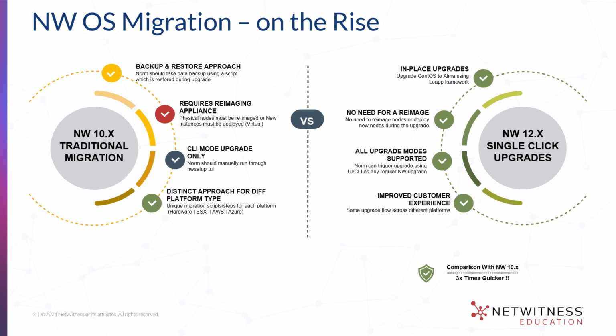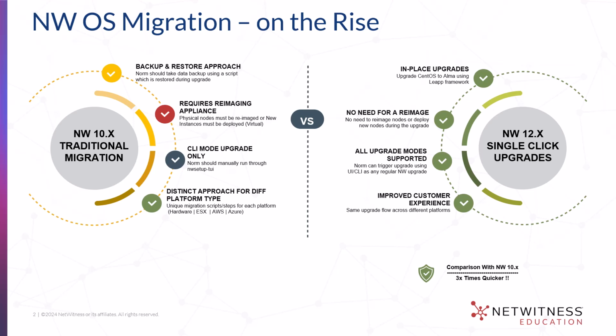The OS migration process had a transition, and this diagram is a comparison between the migration from 10.x to 11, which was the migration to CentOS 7, and now the migration from CentOS 7 to Alma Linux 8. The CentOS 7 migration required a backup and restore approach, where all the data was backed up using a backup script and restored post-upgrade.